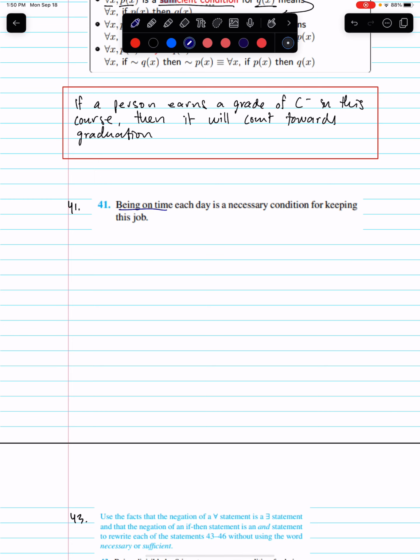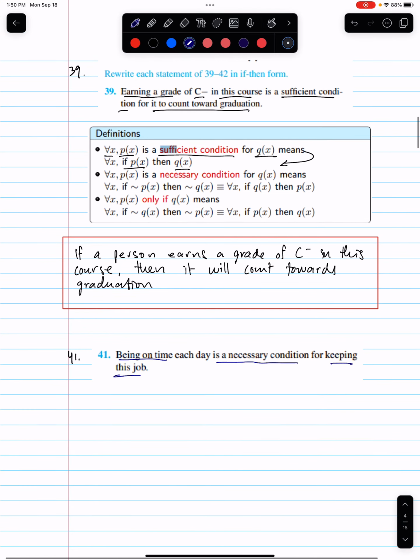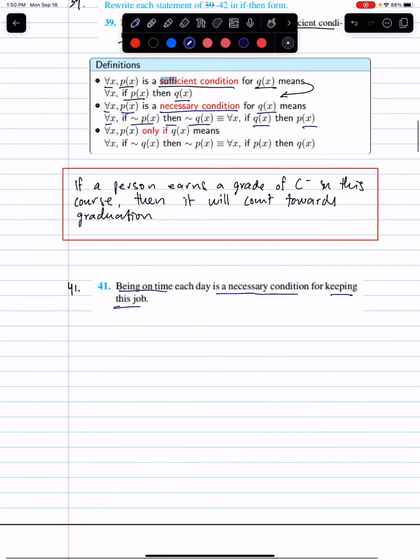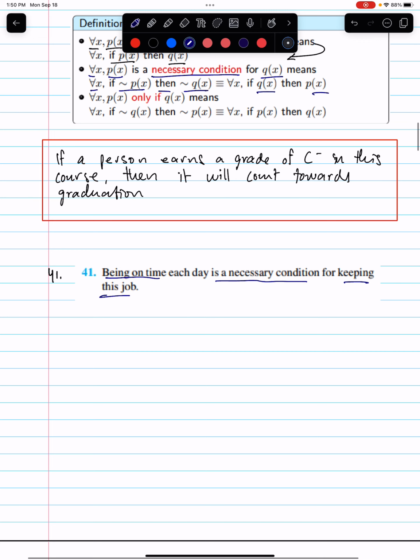Being on time is a necessary condition for keeping this job. What is a necessary condition, right? If for every x, P of x is a necessary condition for Q of x, it means for every x, if not P x, then not Q x. Or we could just say if Q x, then P x. So I'll give you both answers.